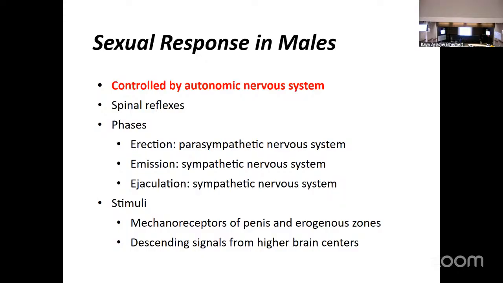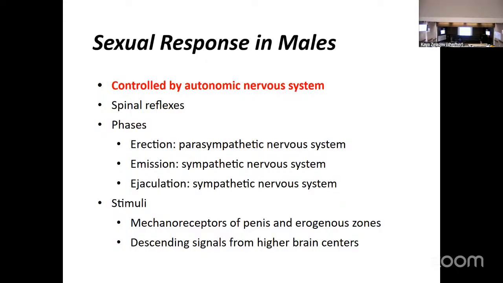We're going to see that the erection is the responsibility of the parasympathetic nervous system. So as the penis becomes erect, that's your parasympathetic nerves doing that. We're going to have a phase called emission where we start to move some fluids. Then ejaculation, the actual exit of sperm out of the penis, out of the male copulatory organ, is going to happen through the action of the sympathetic nervous system.